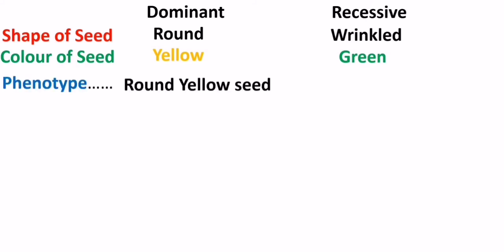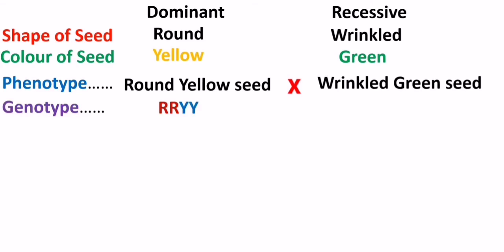So the phenotype, a plant producing round shaped seed, yellow in color, is crossed with a plant producing wrinkled shaped seed, green in color. So the genotype will be capital R capital R, capital Y capital Y for round yellow seed.